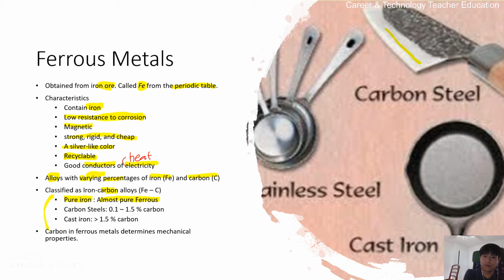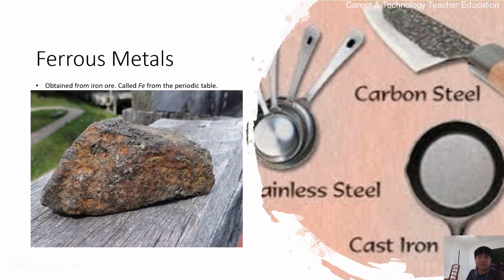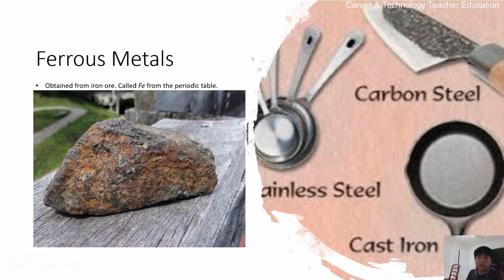The second is carbon steel, which contains 0.1 to 1.5% carbon in its structure, and iron with more than 1.5% carbon is cast iron. Carbon determines the mechanical properties of the ferrous metal. So this is a metal, ferrous ore.